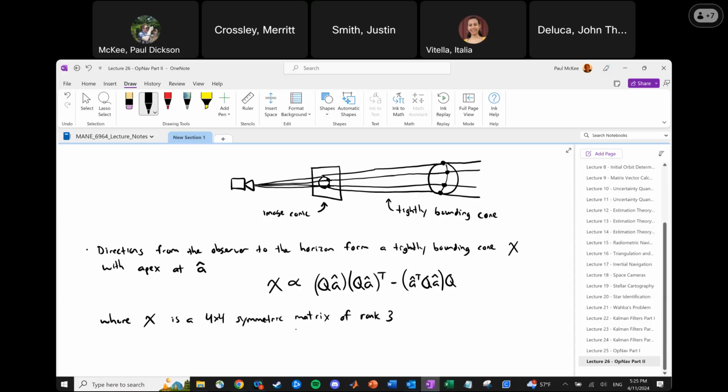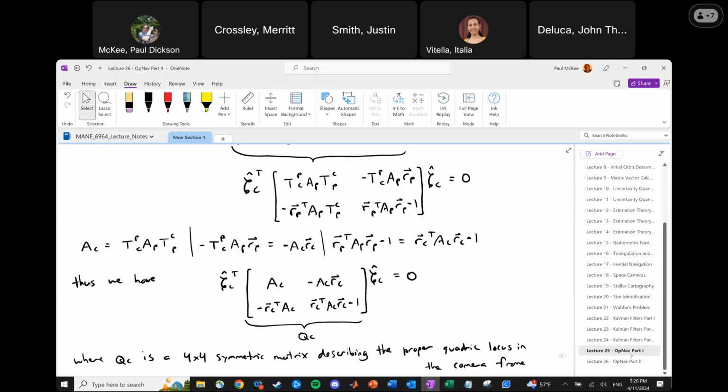And a direction zeta hat, meaning its homogeneous coordinates, lies on the cone if zeta transpose chi zeta equals 0. We said before that the quadric locus gives us zeta transpose Q zeta equals 0, but now we're saying zeta transpose chi zeta equals 0.